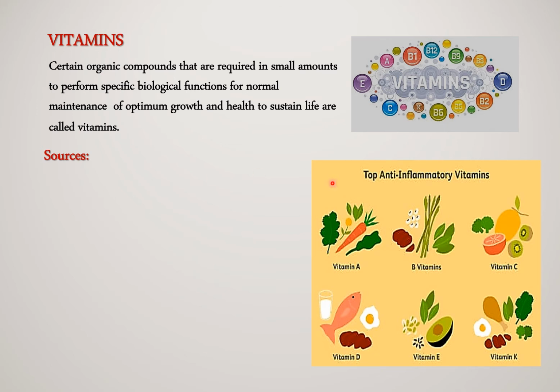So these are some of the important vitamins which we all possess and require: Vitamin A, B, C, D, E and K. They are very important vitamins for our body.